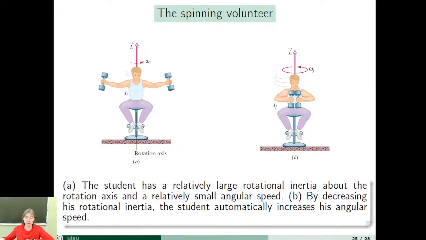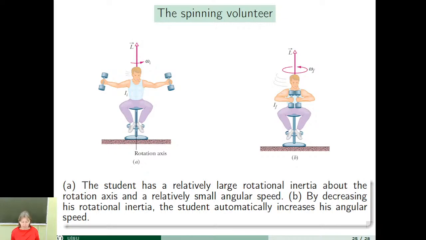And an example, the spinning volunteer. Suppose that an initially rigid body somehow redistributes its mass relative to the rotation axis, changing its rotational inertia about that axis.